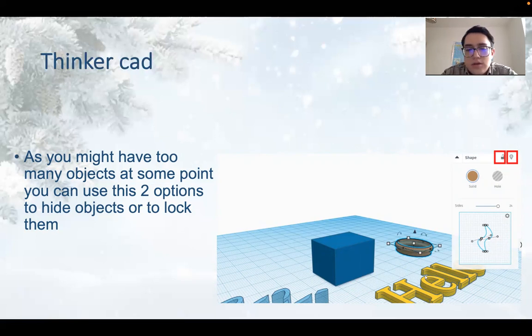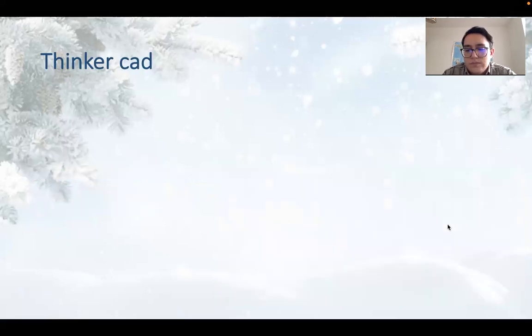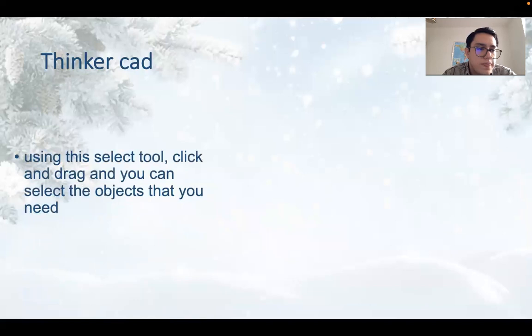And you can unlock it, of course, after if you want. So this is useful sometimes when you have too many objects on the surface and you want to edit only one and you don't want to select anything by mistake, or you don't want to move it. So you can lock it. So when you want to select something, the other part that is locked will not change. So it's very useful to know that.